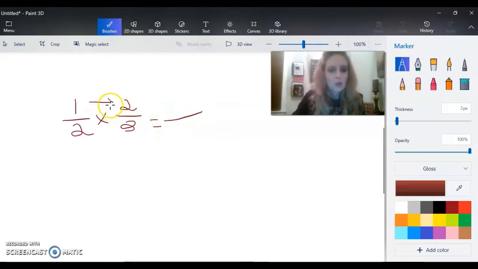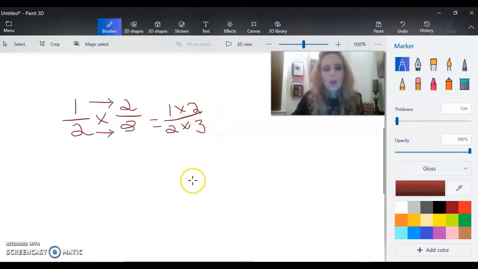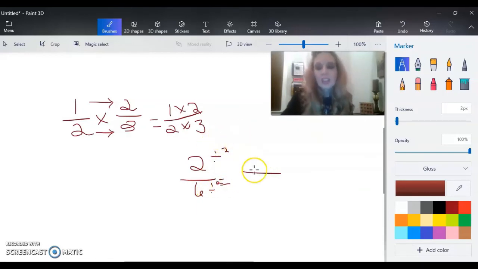Again, just go straight across the numerators, straight across the denominators. 1 times 2, 2 times 3. 1 times 2 is 2. 2 times 3 is 6. Remember to reduce. We divided both of those by 2 because that was the greatest common factor. And that gave us 1/3.